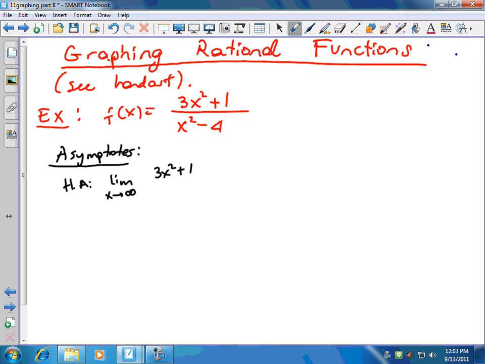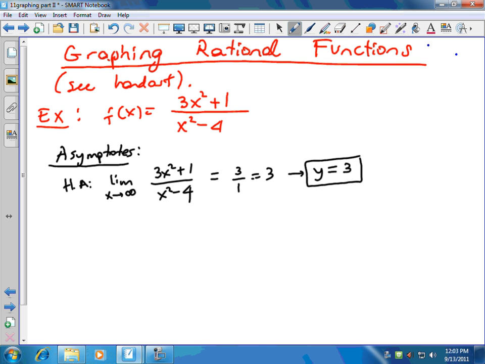What do we get? What we have here is something where the degree of the top equals the degree of the bottom, right? And we've learned some shortcut rules from earlier in this semester that if the degrees are equal, you take the leading coefficients. So it's going to be 3 over 1 or 3. This tells me that y equals 3 will be your horizontal asymptote.